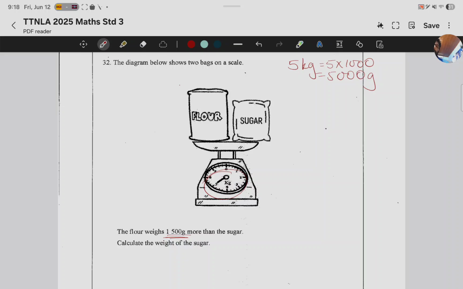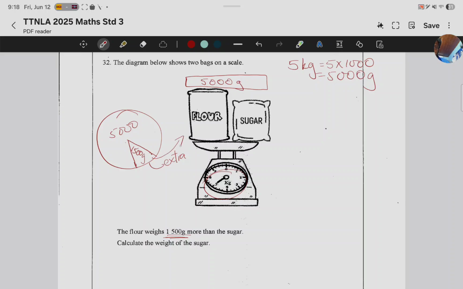So that means when we add both items together, these both items together, it would be equal to 5,000 grams. However, with this 5,000 grams, we're removing a part that is 1,500 grams and we're putting it aside to be given to the flour.